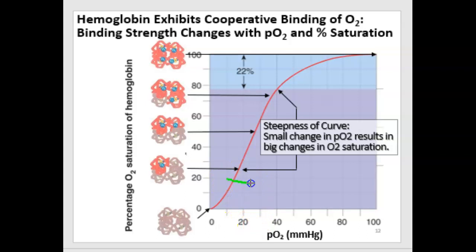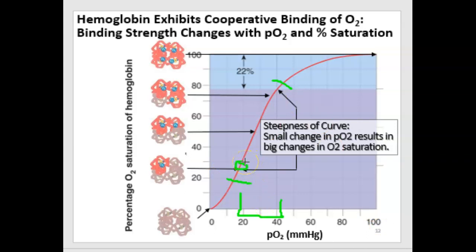And this steepness right here between the arrows I drew shows you that small changes in PO2 values from 20 to 40 cause big changes in saturation. So if you're at PO2 of 20, there's one oxygen bound.